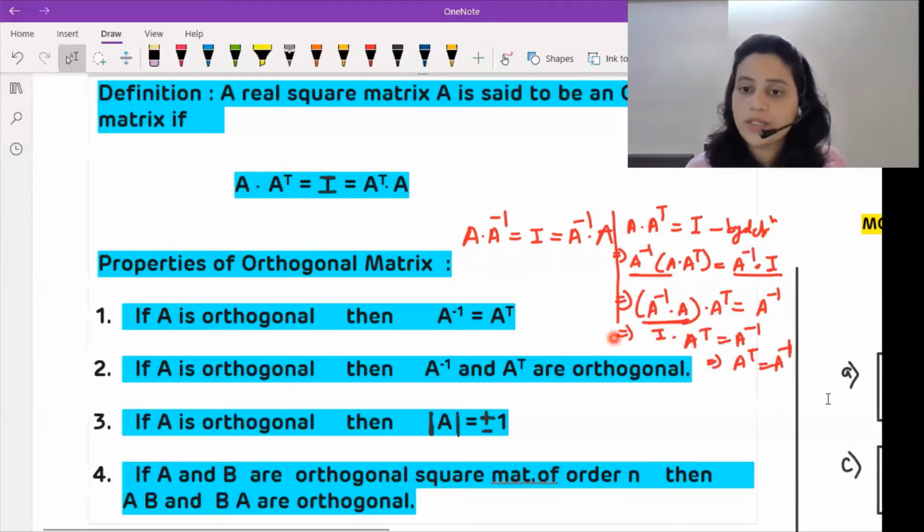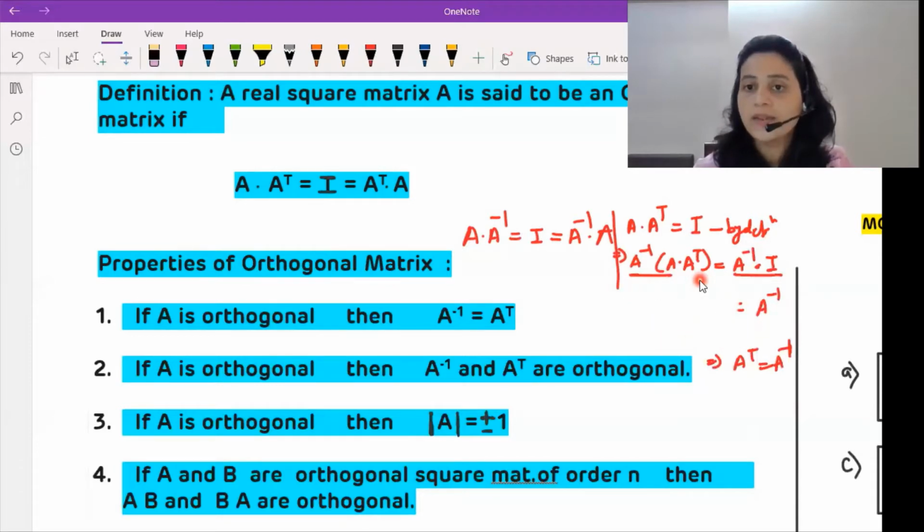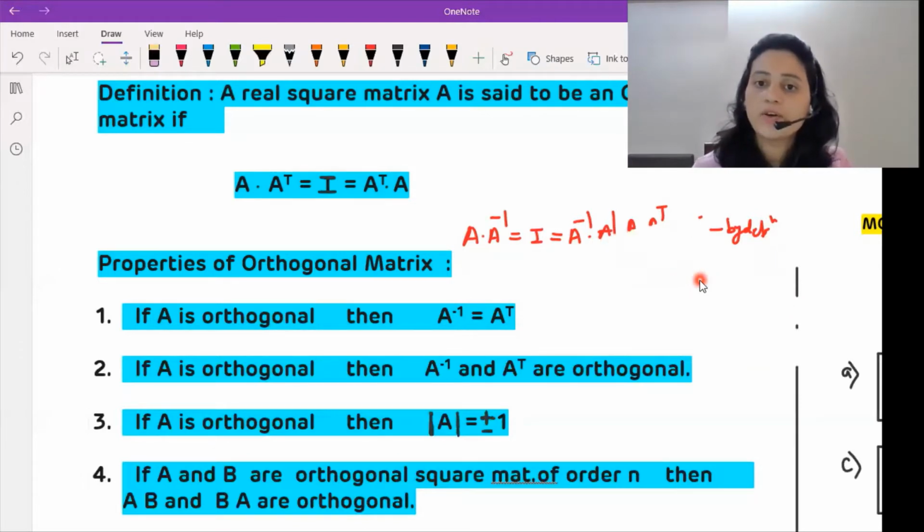So A transpose is equal to A inverse, right? By the given definition, we can prove this. So our first property tells us that if the given matrix A is orthogonal, then A transpose is always equal to its inverse, or you can say that A inverse is always equal to its transpose. So this is our first property.